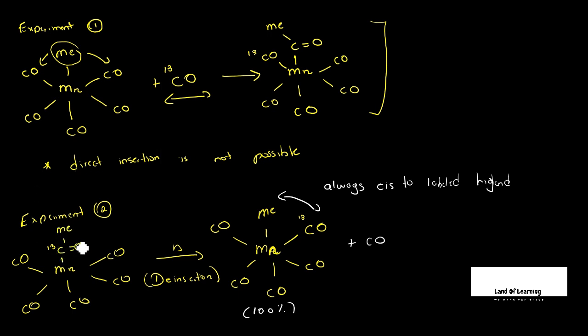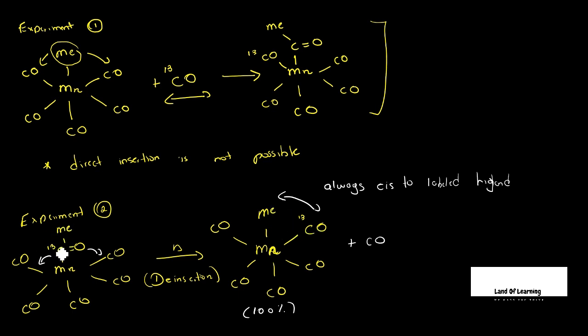When the de-insertion happens, this methyl group always repels, always removes a neighboring carbonyl group. It doesn't repel this particular labeled carbonyl group, because if our labeled group is repelled from our metal center, then this won't be the 100% product we get. So in the 100% product, we have our labeled group in our complex, and it's also cis to our methyl group.